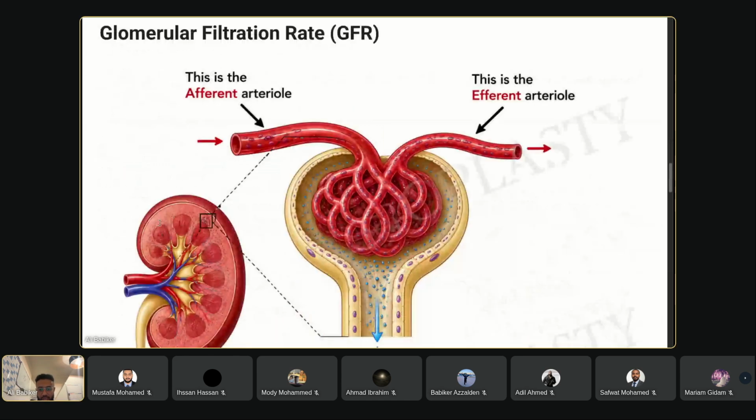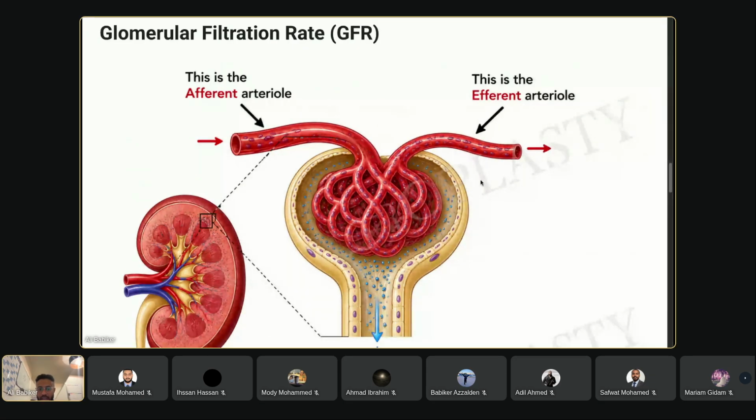Because if you have something that is filtered coming through here and secreted, and part of it goes to the blood, it will be secreted by the endothelium here, and it's not reabsorbed.